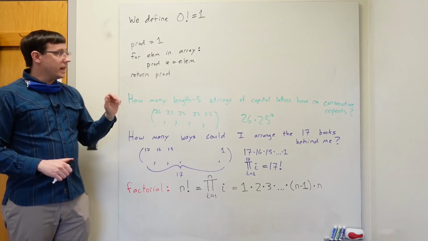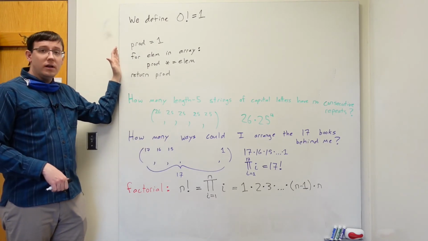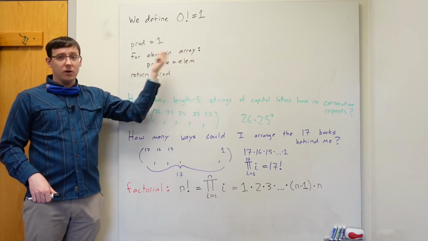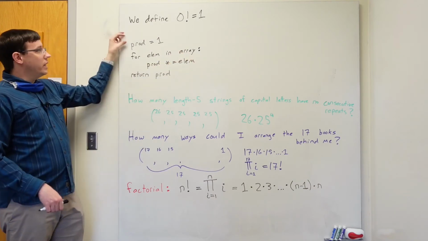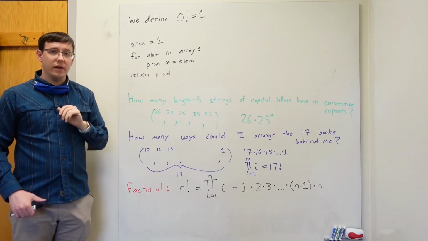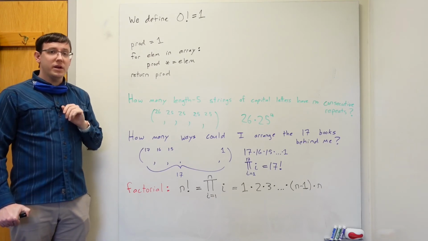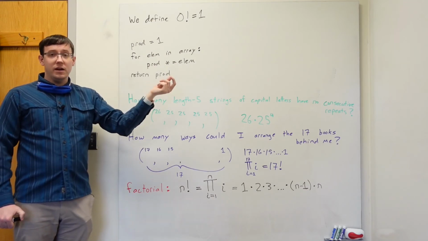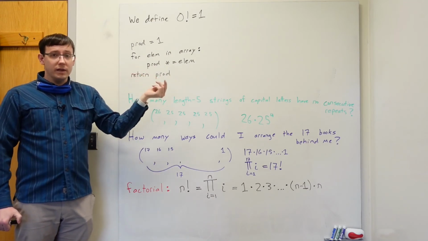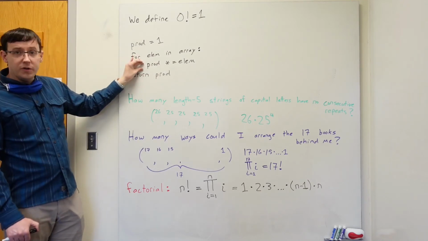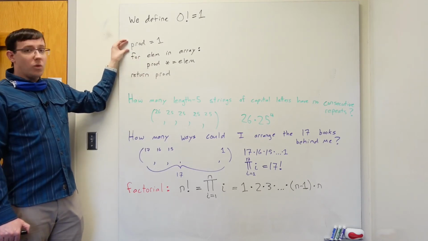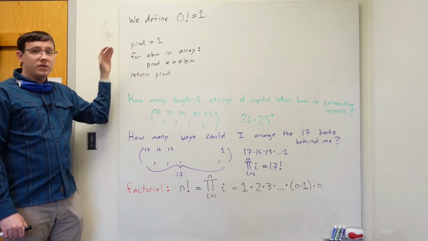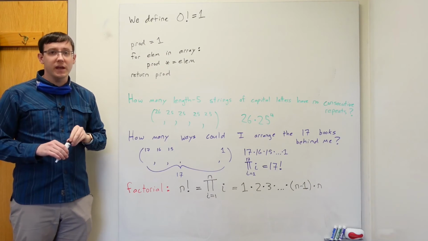And that means that if we were to call this function on an array of length 0, then we would get a return value of 1, because the product of all of the elements in a length 0 list performs no multiplications, and what we return is just our starting value, which was the neutral element for multiplication.